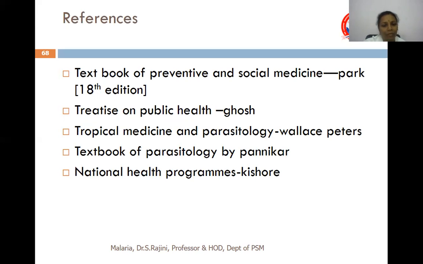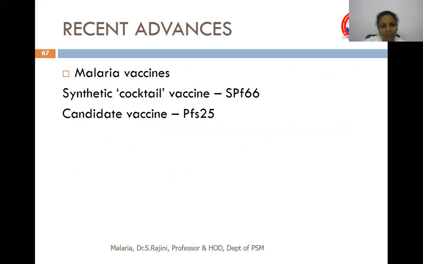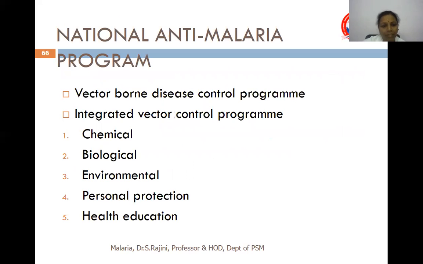All these are important topics, including integrated vector control measures, which have to be learned. Please take down these four to five topics, take notes, and submit. My other vector control programs will be covered in the other classes.